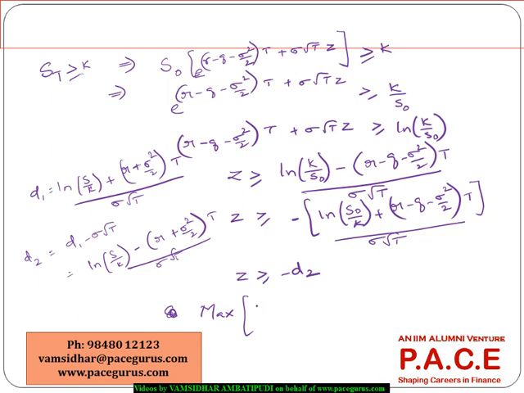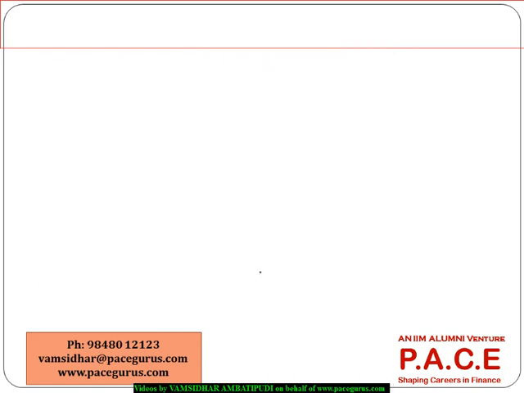ST I can very well find out, which is S naught into e to the power of (R minus Q minus sigma squared by 2) times T plus sigma root T times Z. This is ST minus K comma 0, and this will come only when Z is greater than or equal to minus d2. So once I know Z is a standard normal variable, I can start finding out.